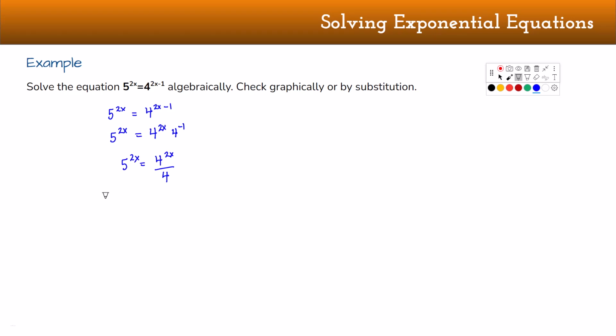Well, now I take the logs of both sides. I have the log of 5 to the 2x equals the log of everything here in brackets. Now notice this is now the log of a quotient, which means I can go ahead and rewrite this as log of 4 to the 2x minus log of 4.